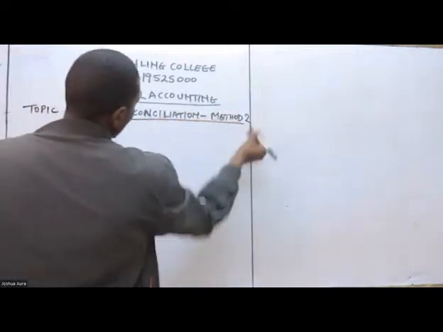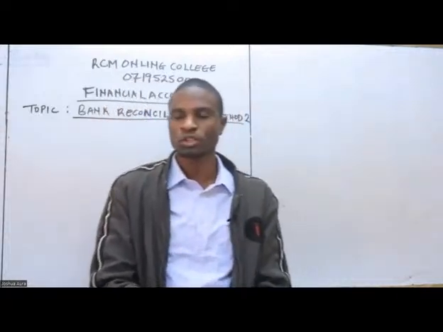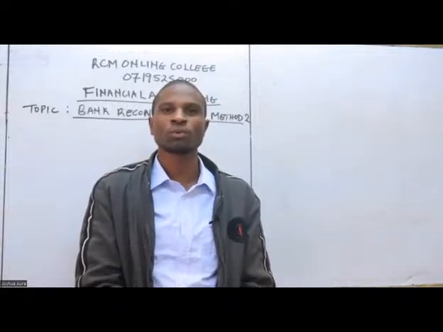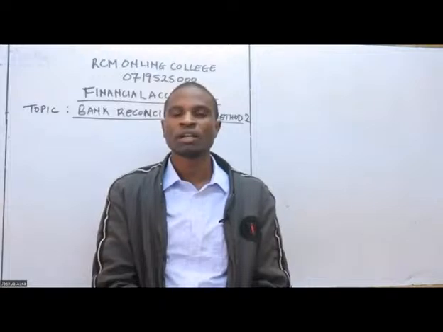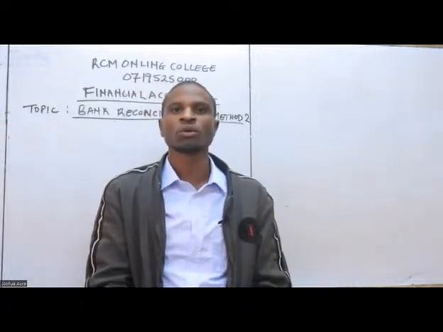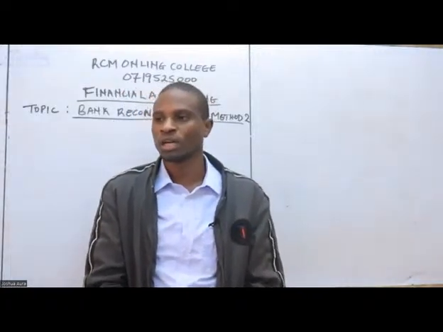Method 2. As we said from our previous session, this is found under the first topic, that is accounting for assets and liabilities. There is a general format of updated or adjusted cash book that we looked at.